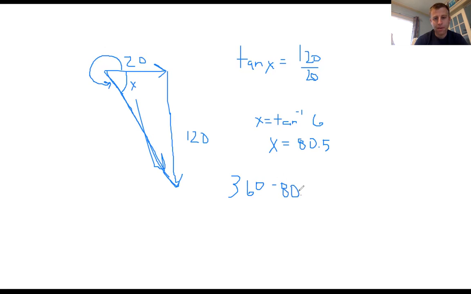Now it's not always going to be that, it depends what quadrant you're in. So you got to think about a little bit what the angle is if you go around like this. Okay, that's the key. So you have to draw it out, and you have to think about what's this angle that goes around. In this case it's looking like that. Let me just check my answer though. 360 minus 80.5, 279.5.